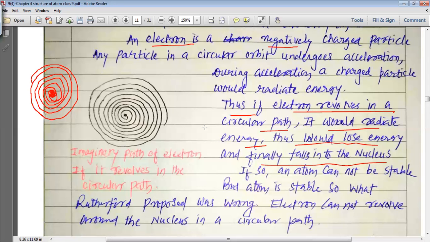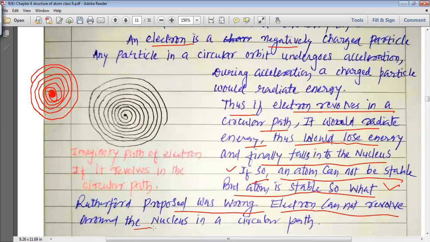But the atom is stable. Let us read. If the electron is revolving around the nucleus in a circular path, and if the electron is a charged particle, an atom cannot be stable, but the atom is stable. So what Rutherford proposed was wrong. That means Rutherford made a mistake by saying that the electrons revolve around the nucleus in a circular path.